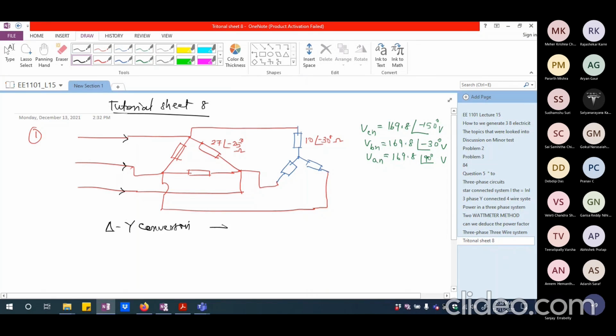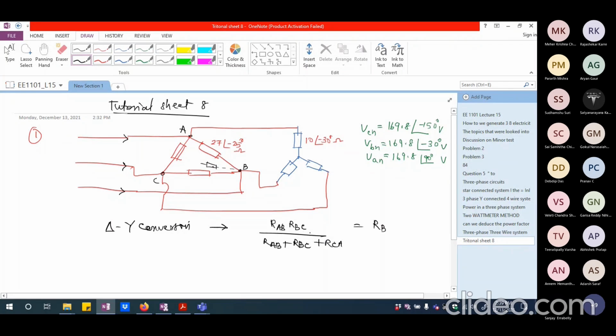In delta to star conversion, if I want a particular line, RA or RB or RC, whatever I want, I should be able to write this as RAB RBC divided by RAB plus RBC plus RCA. So let me name this as, for example, A, this is B, and this is C. If I want the equivalent star from B, then I should be able to use this expression.